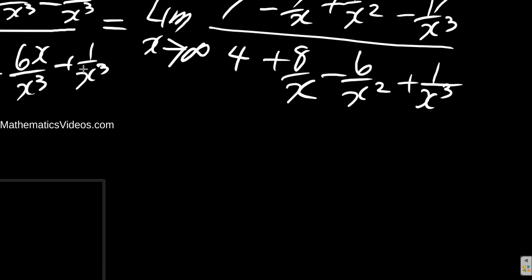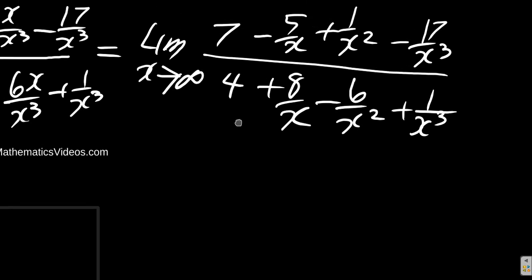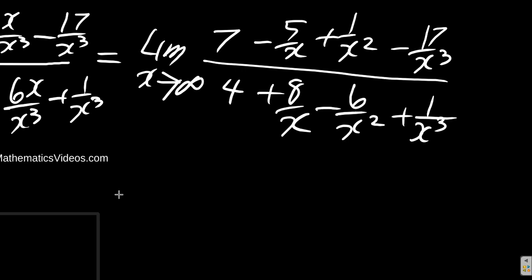Now remember, x is approaching infinity. So all of this is equal to 7 minus 5 over infinity. Now 5 over an extremely large, infinitely large number is 0.